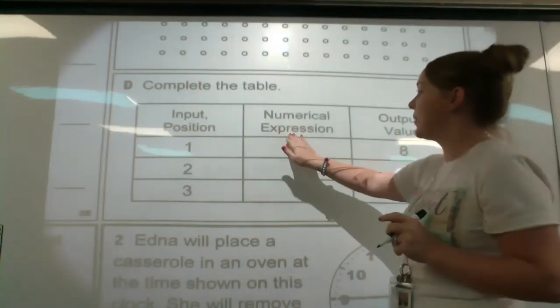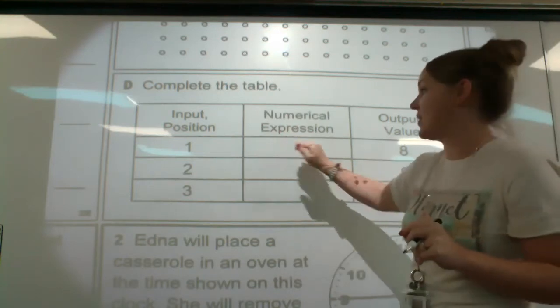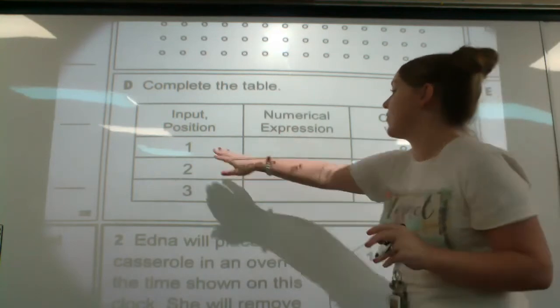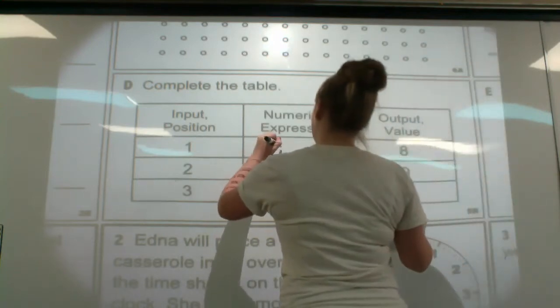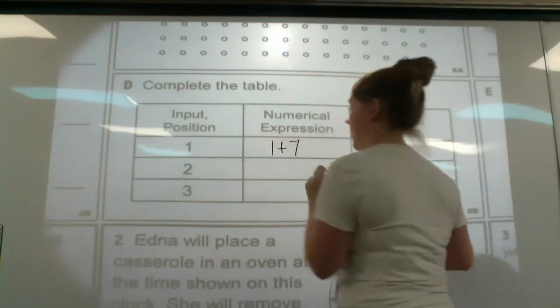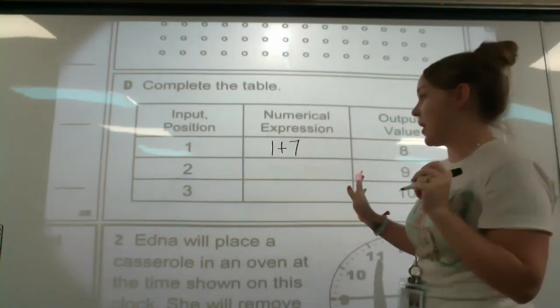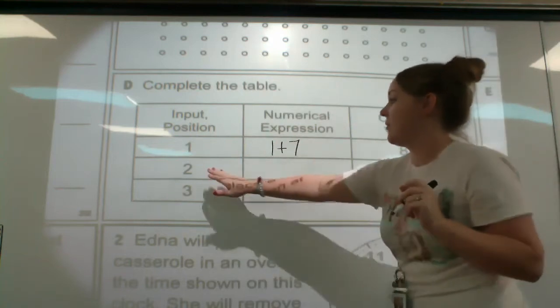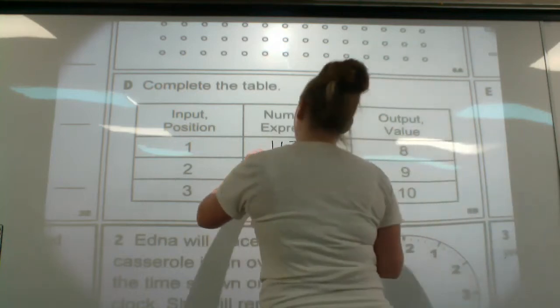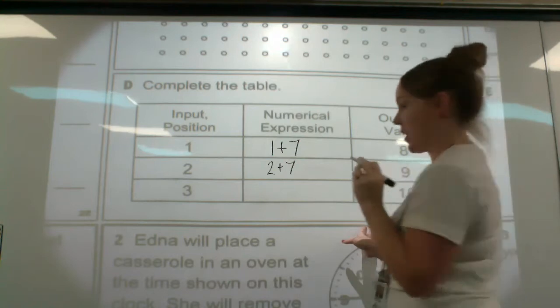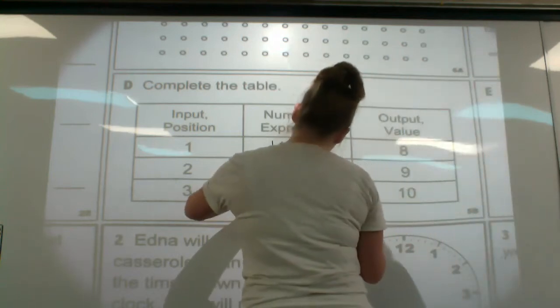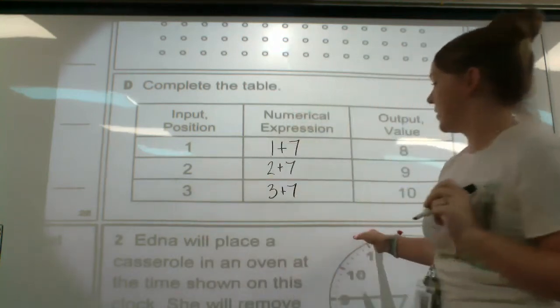So our numerical expression is just writing that out. To get from 1 to 8, I would do 1 plus 7. So that's all you write in this box in the middle. For 2, I would do 2 plus 7. And for 3, I would do 3 plus 7.